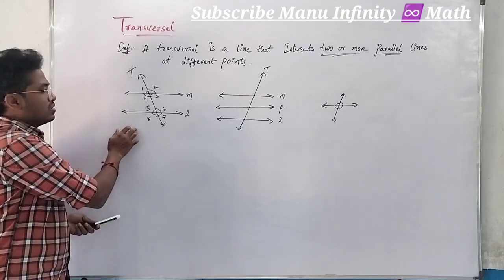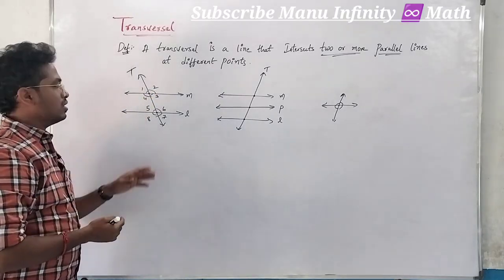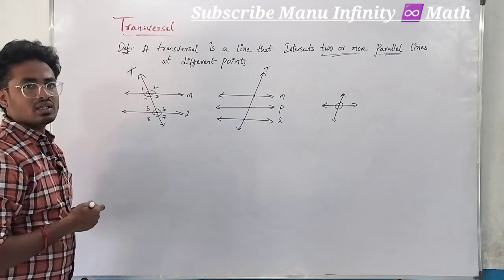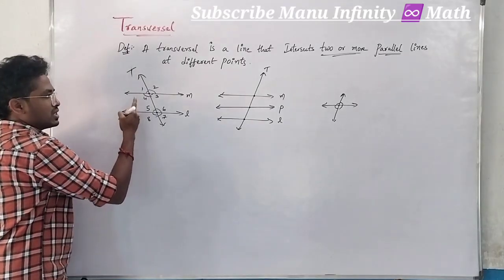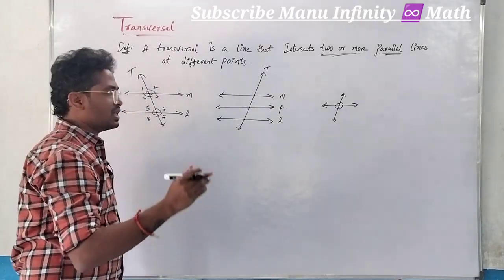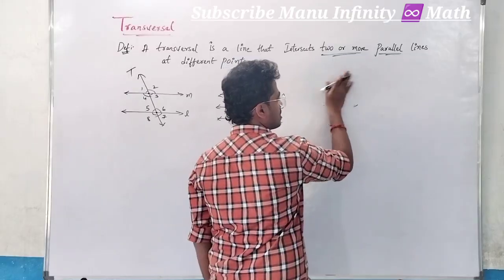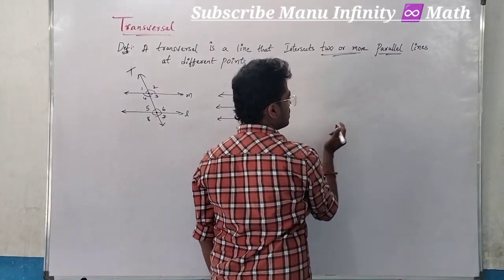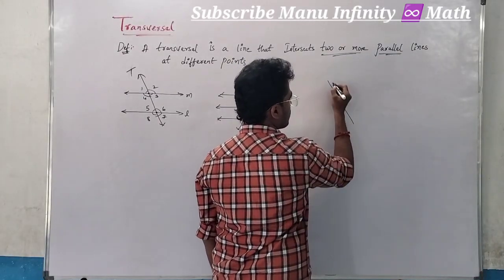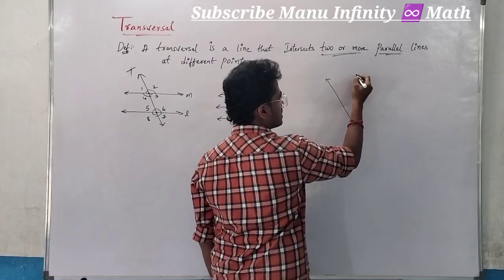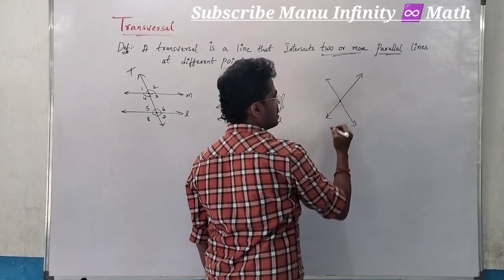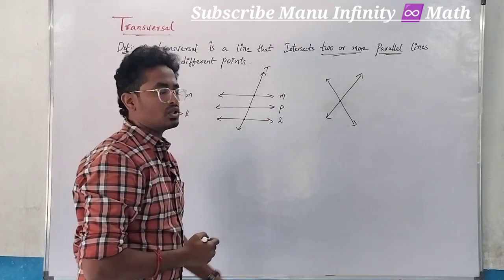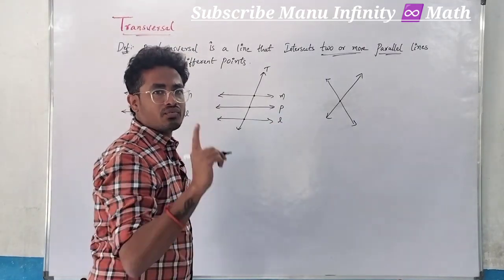Now we'll discuss what these angles are and what kind of angles they are. Before this, we have to know some concepts. If this is one line and this is one more line, they intersect at some point. How many angles do we get? 4 angles.